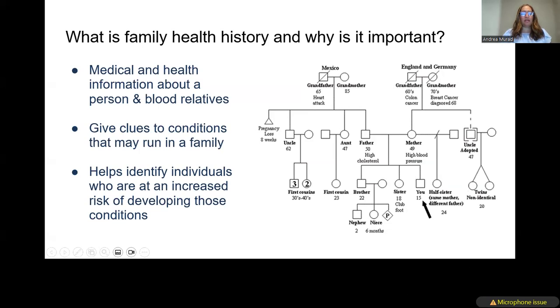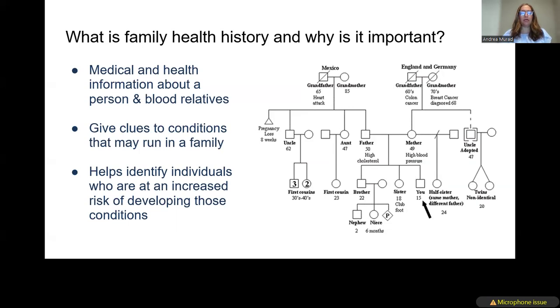Some other things you might see indicated on a pedigree, but that are not shown here, are individuals whose current gender identity is different than their sex assigned at birth. This would be shown on a pedigree using their appropriate symbol for their current gender identity, then using a specific acronym to indicate their sex assigned at birth underneath the symbol.